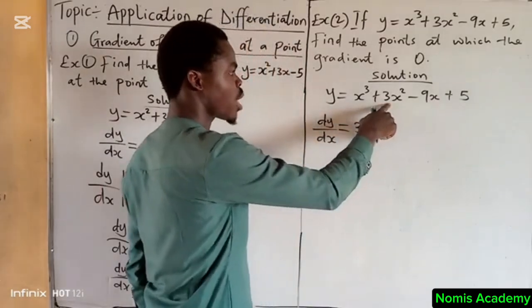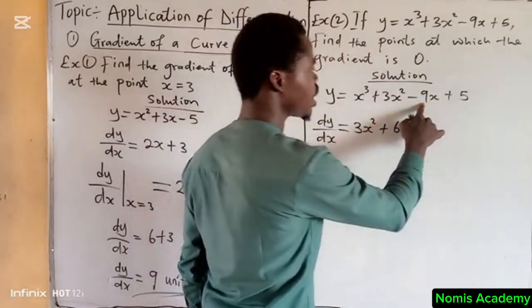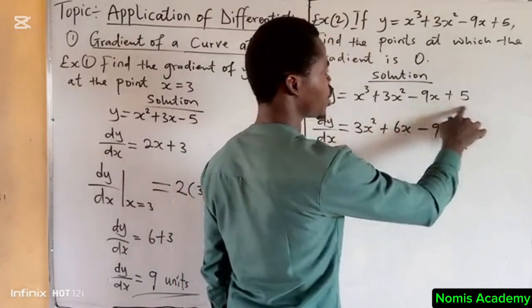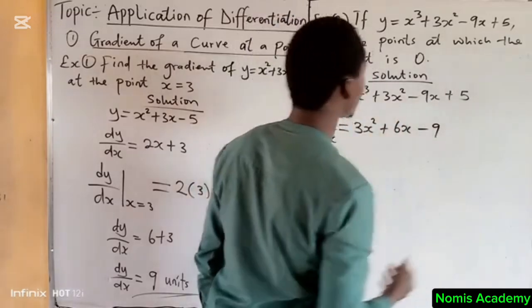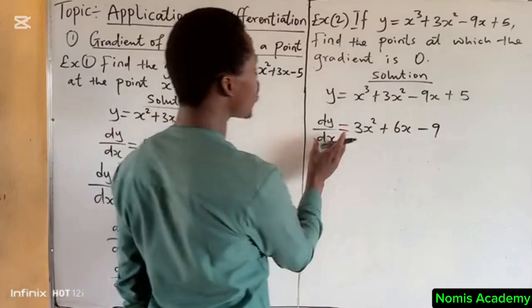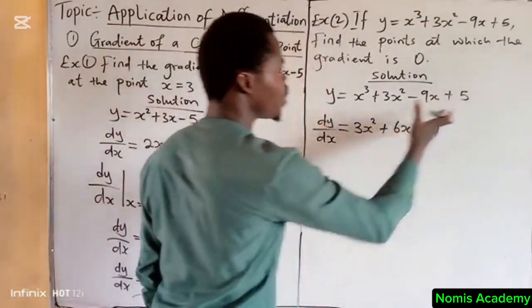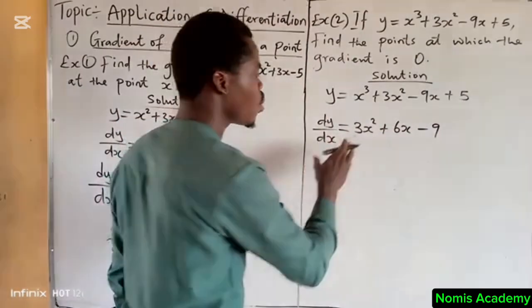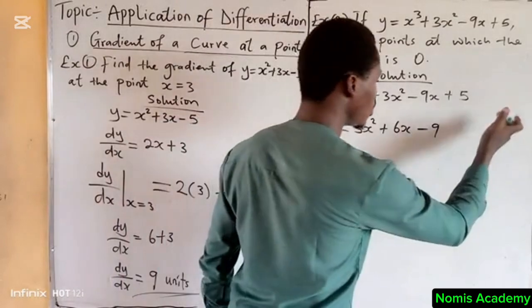Differentiate 3x squared, you have 6x. Differentiate minus 9x, you have minus 9. Differentiate 5, then you get 0. Now we say at the point where the gradient is equal to 0, we are asked to find the points where the derivative is equal to 0.